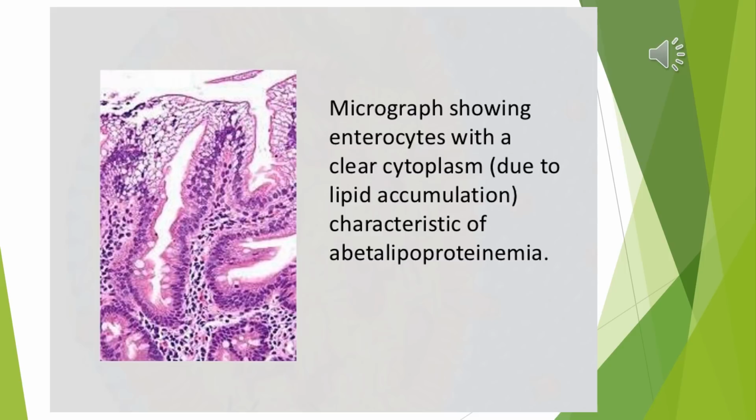The cytoplasm looks clear due to accumulation of fat droplets or fat vacuoles within these cells, because the fat enters the intestinal epithelial cells, but it cannot be transported to the blood due to the defect in the secretion.